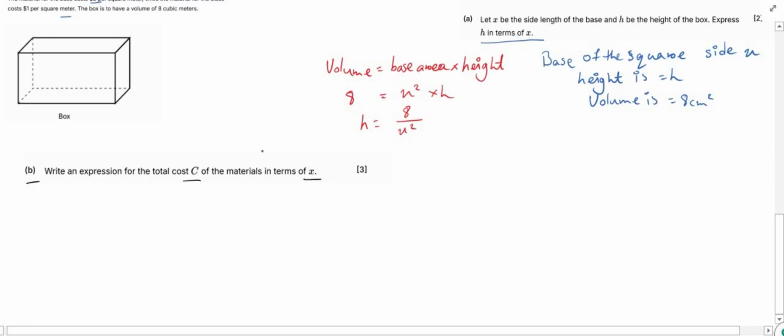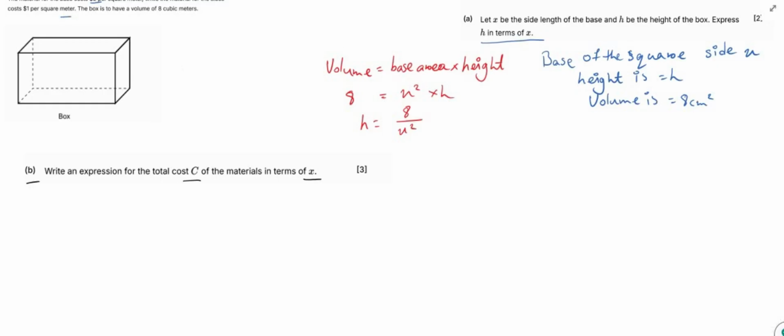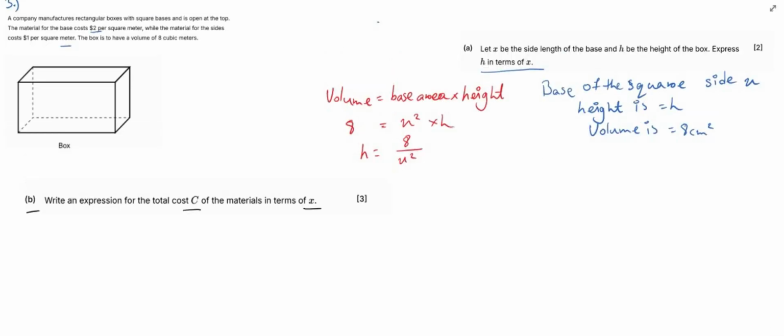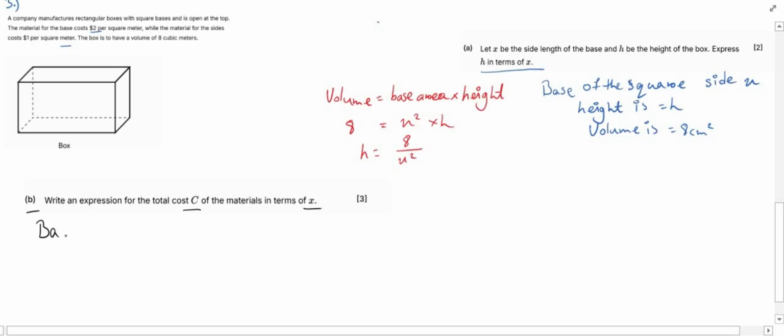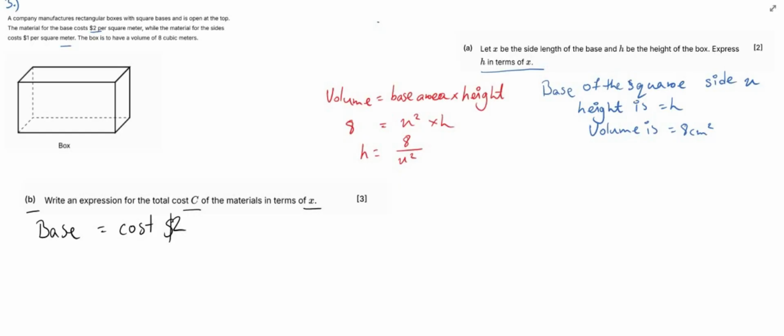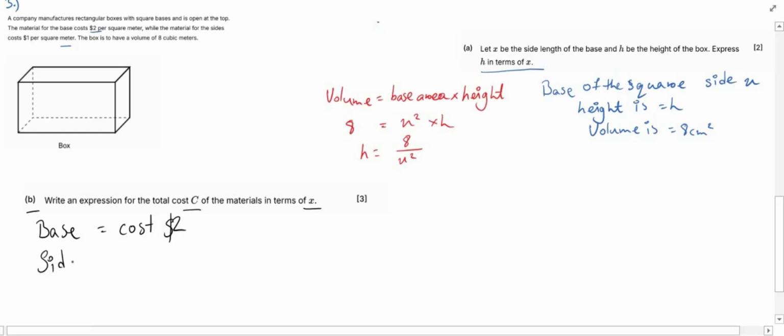Now part B says write an expression for the total cost C of the material in terms of x. From the question, as we can see earlier, the base costs $2 per meter square, and the sides cost $1 per meter square.